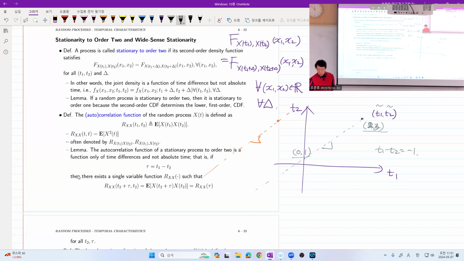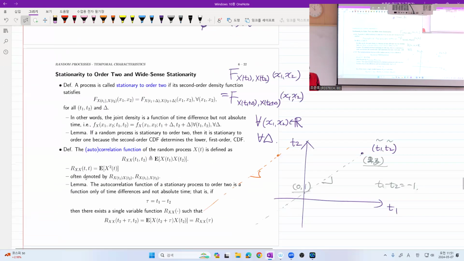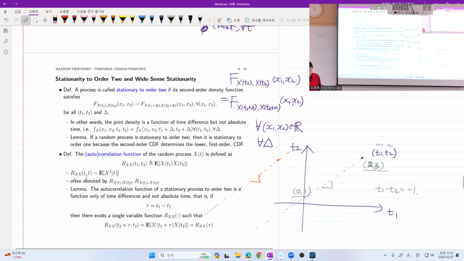Now, let me ask you a question. What about the relation between stationarity to order 1 and stationarity to order 2? Anybody? If a random process is stationary to order 2, it's stationary to order 1, always. Why? Why do you have that? So we need to find the first order CDF.